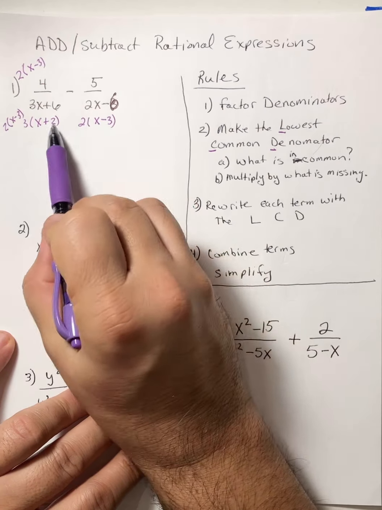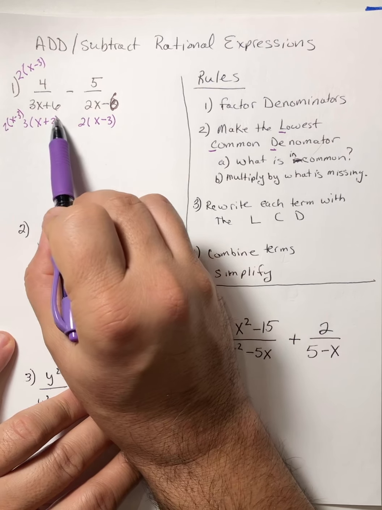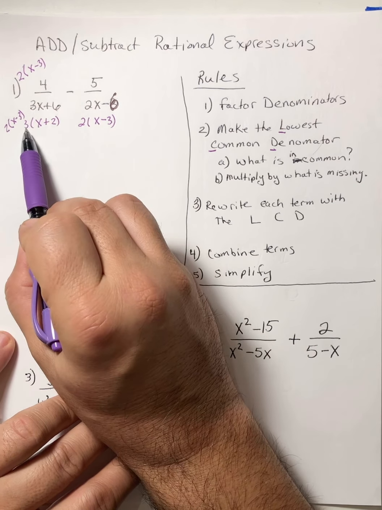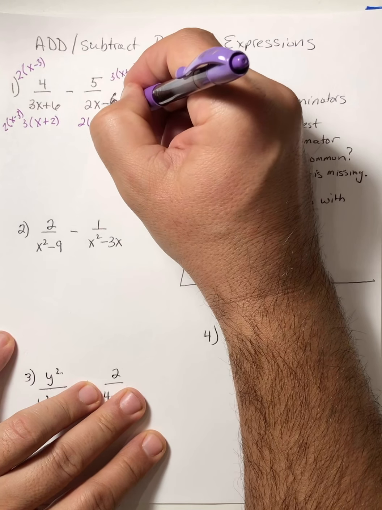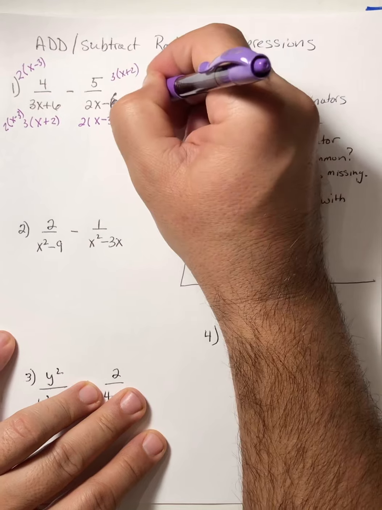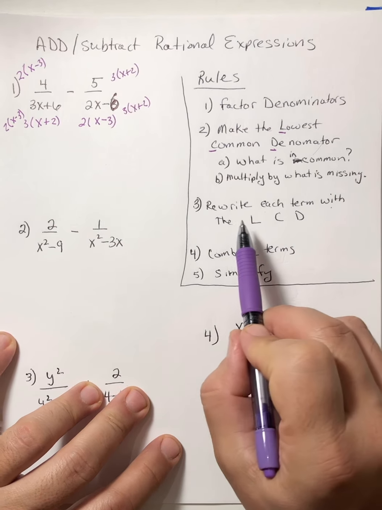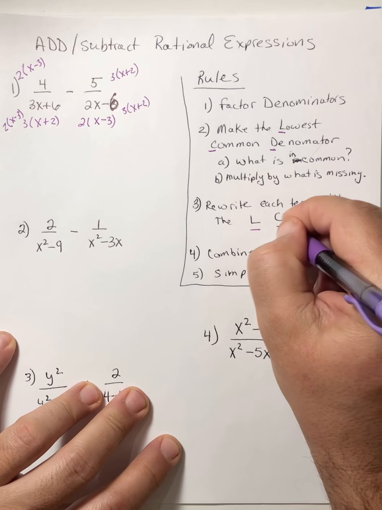Notice this side has nothing in common with this, so this side is missing all of that. So we're going to multiply top and bottom by this 3 and the x plus 2. Okay? So now we're going to rewrite each term with the least common denominator, the LCD.